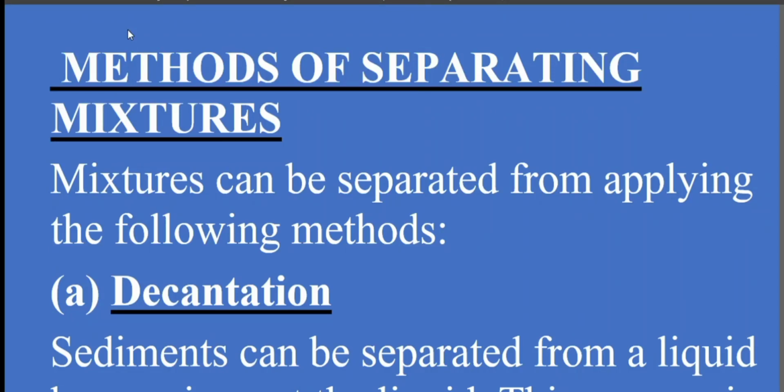So after having looked at the classification of substances, then looked at the types of mixtures that we have, we now go further to look at the methods of separation of mixtures. We have looked at the mixtures. We have solid-liquid mixtures, and liquid mixtures, where we have miscible and immiscible.